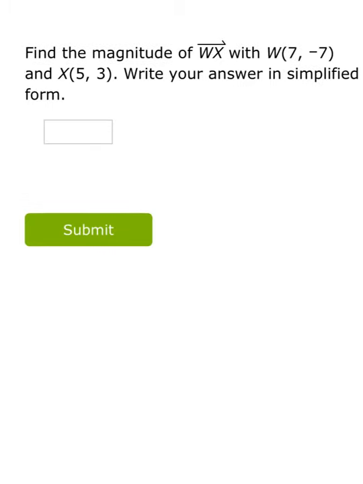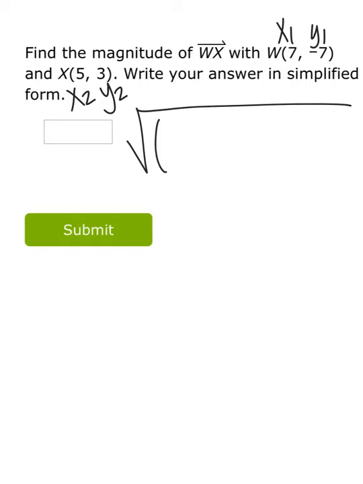Here's our last example. We still need to find the magnitude of vector wx. So w is my initial point. Here's my x1, y1. And x is my terminal point, so that would be my x2, y2. So let's go ahead and plug them into the distance formula. x2 minus x1 would be 5 minus 7 squared plus y2 minus y1 would be 3 minus -7 squared.